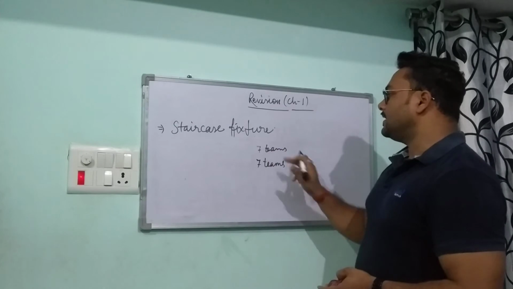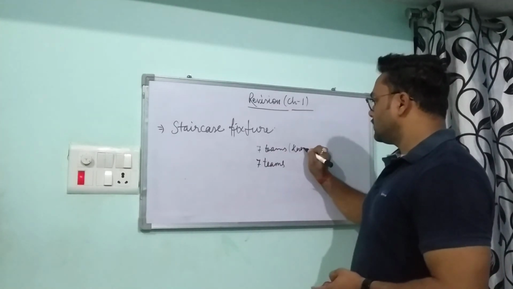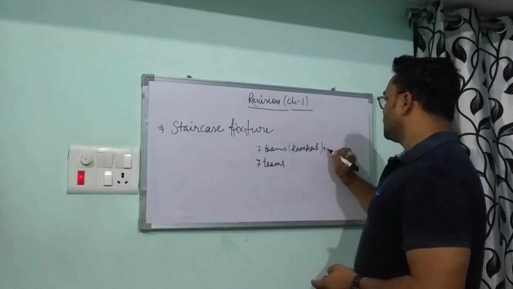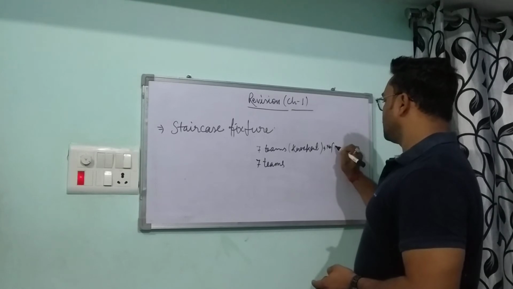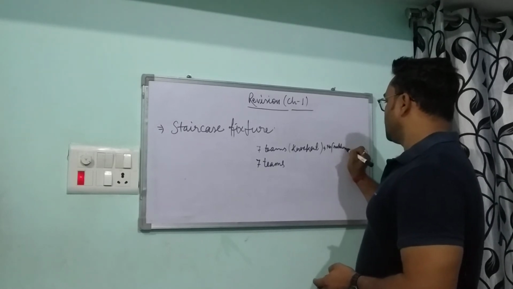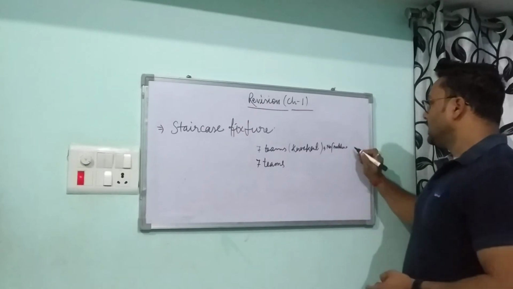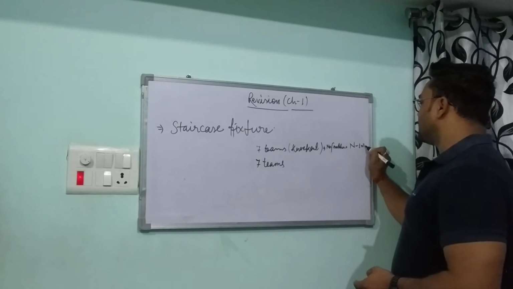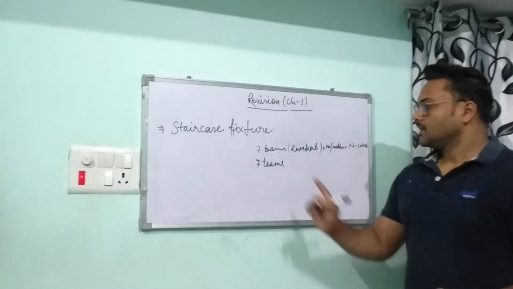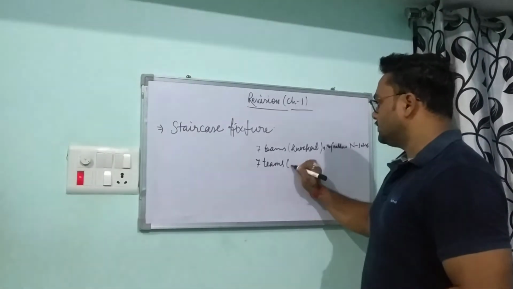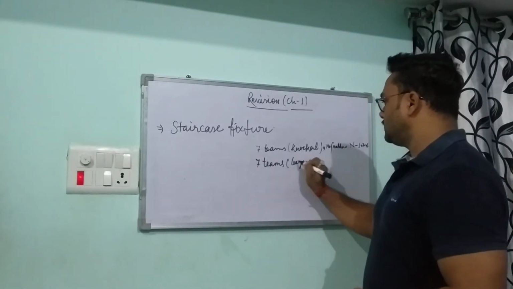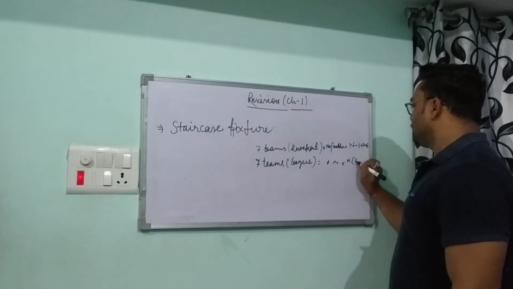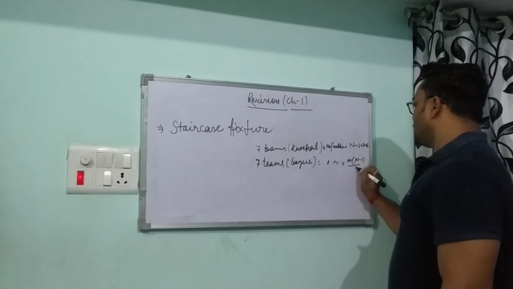So for 7 teams in knockout, the number of matches is equal to the total number of teams minus 1. So for 7 teams, the number of matches is 7 minus 1, that is 6. For league, the number of matches is equal to n into n minus 1 upon 2.